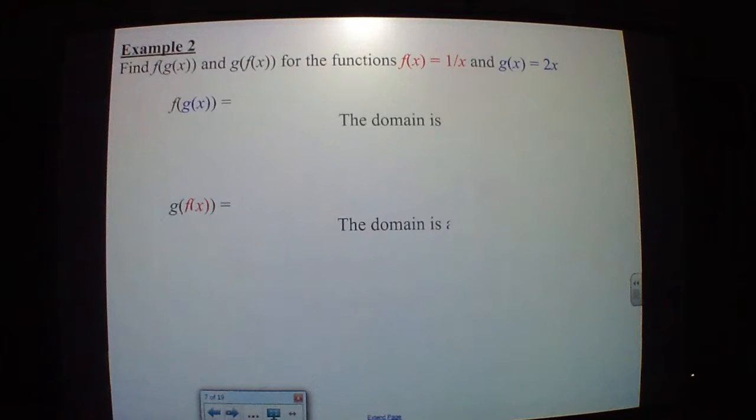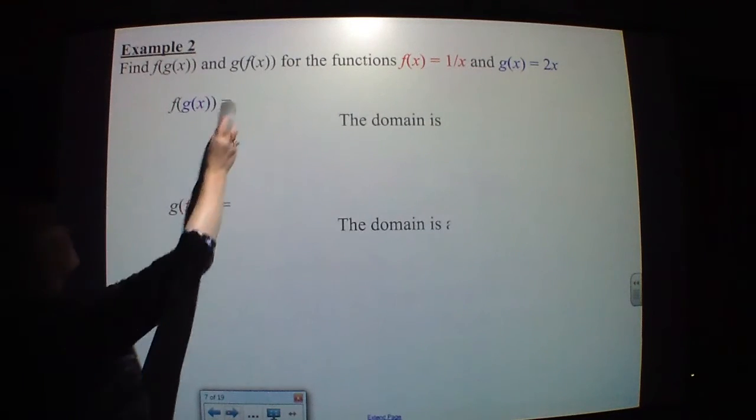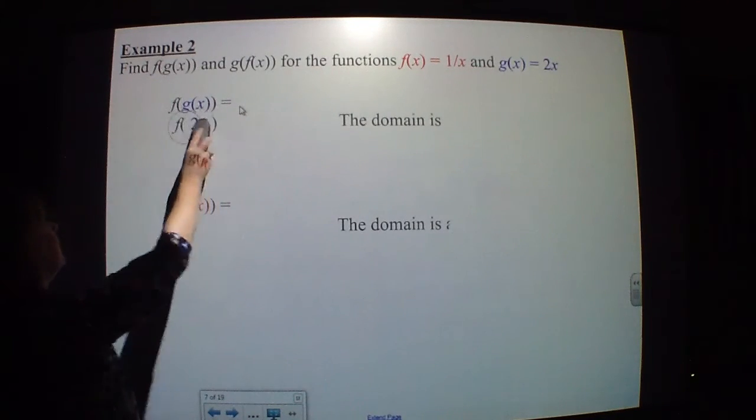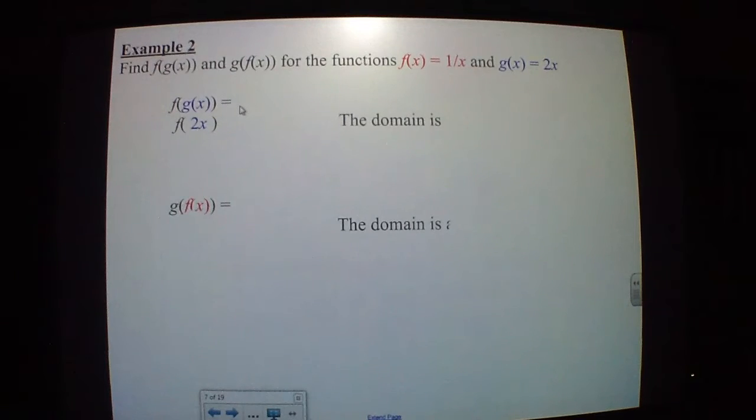Find f of g of x and also g of f of x for these two functions. If you want, pause it now and try it yourself and then start the video. So I have f of, instead of g of x, I have 2x. So I did a direct substitution.